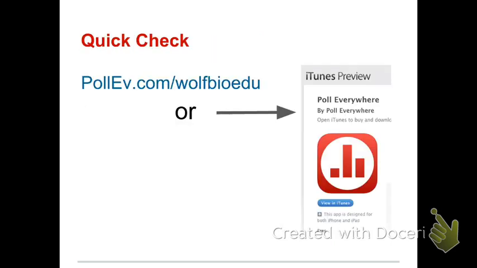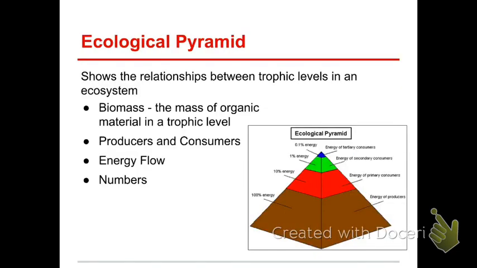All right, let's do some questions. On the base, and something really small on the top. So we can look at biomass, for example. Biomass is the mass of all the organic material at a trophic level. So if you took all the producers, all the plants, put them on a scale, that would be the biomass of that producer level.